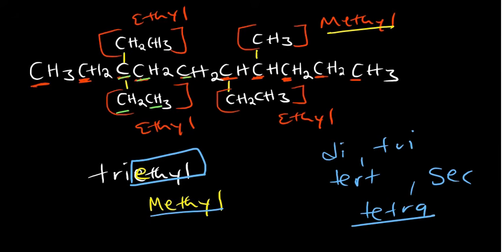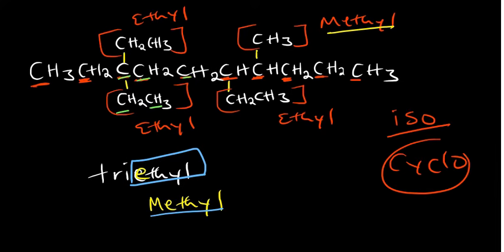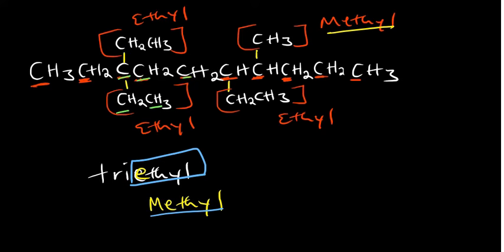We don't alphabetize these. Very important. But take note that we do alphabetize the special prefixes iso, which represents those 3 carbons connected using the middle carbon, and also cyclo, which we're later going to take on, which represents compounds that are cyclic. In other terms, they are joined in this form. Those are also alphabetized.